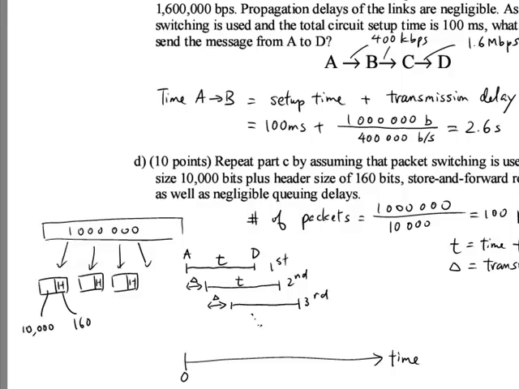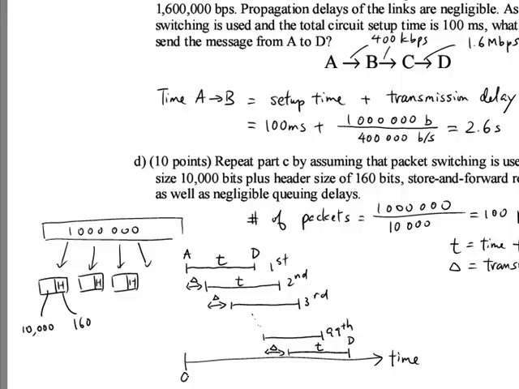It will keep doing that until the 99th packet. After it finishes the 99th, it will work on the 100th one, and the 100th arrives at destination D, and that completes the transmission. This part again is t.